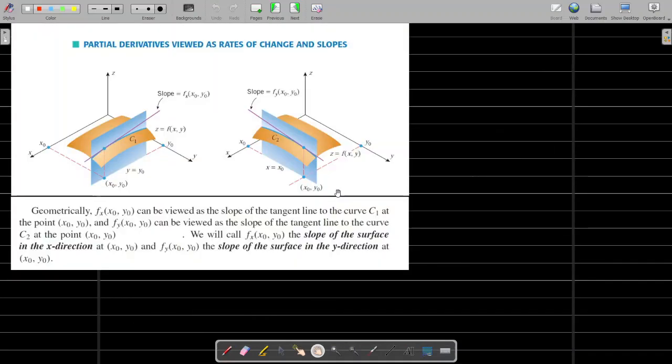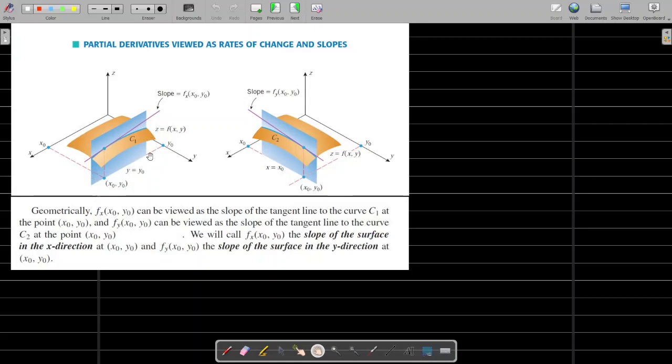Okay, now we will look at the geometrical interpretation of the partial derivative. fx at (x0, y0) is actually the slope of the surface in the x direction at (x0, y0), and fy at (x0, y0) is the slope of the surface in the y direction at (x0, y0). If you look at this figure, the given surface is our surface f(x, y).